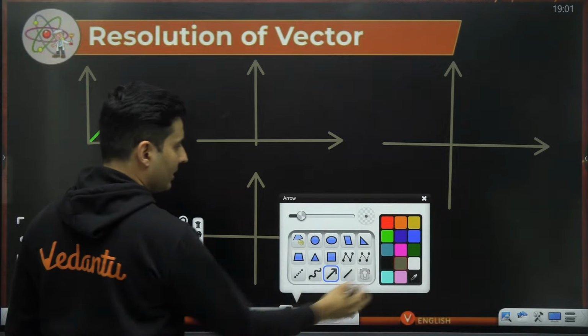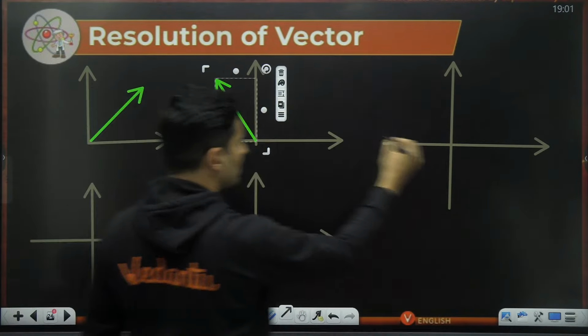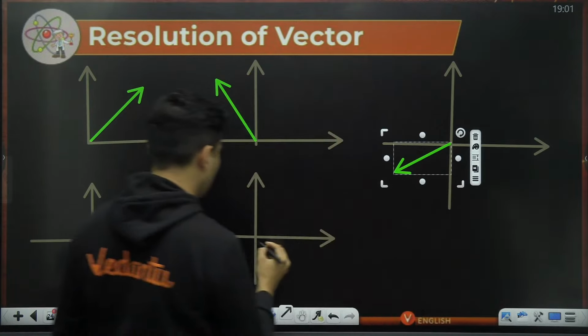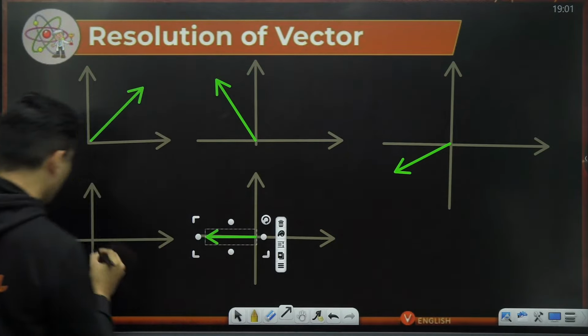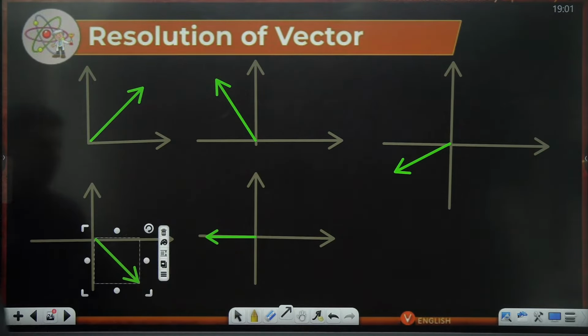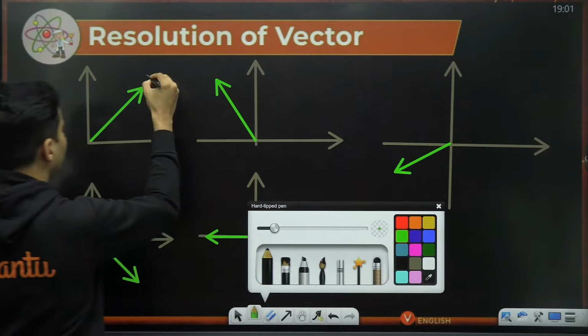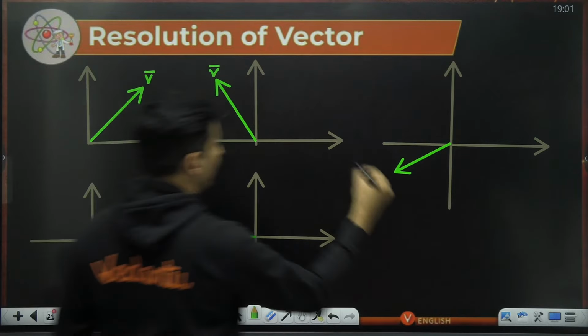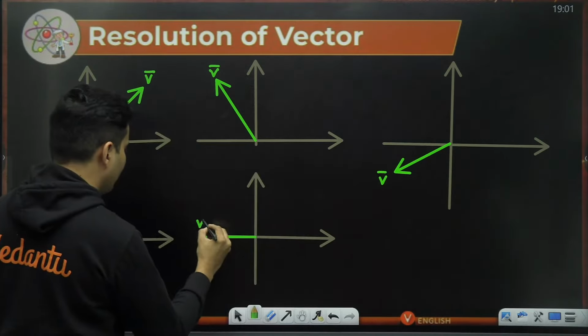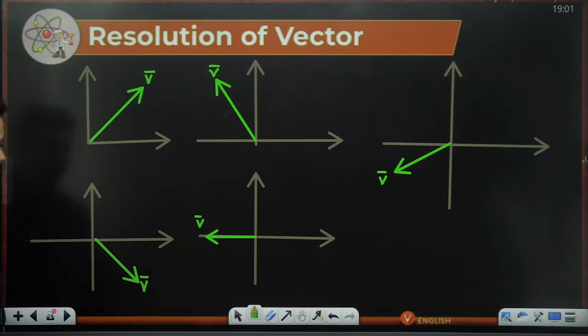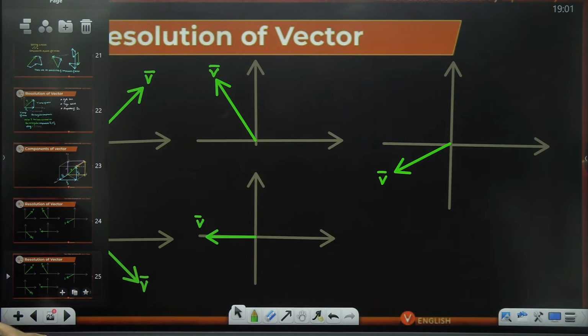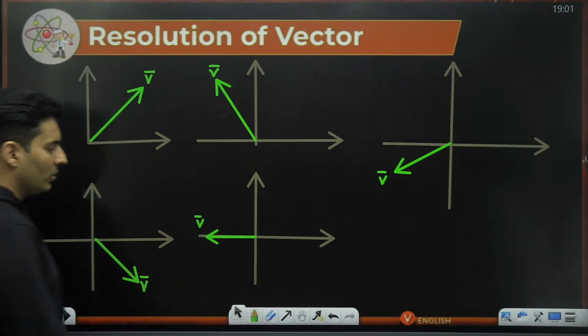And let me show the vector itself like this, maybe like this. These are our vectors and we want to split them into components. Vector V. I want to split it into multiple components. So how do I do that?